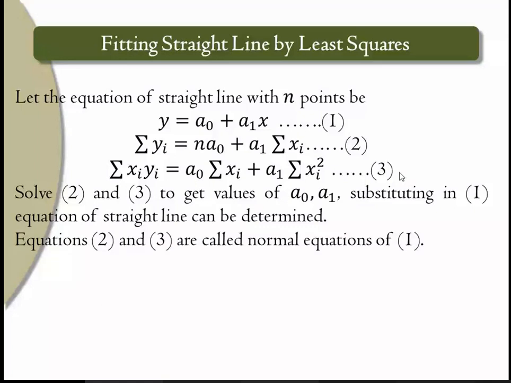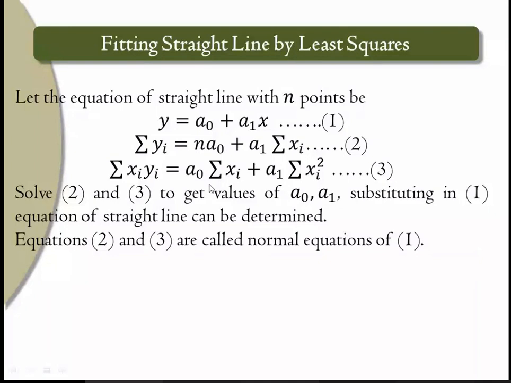Okay, so very easy, we just have to take the basic equation first, the equation of straight line. First take the summation of that equation on both sides, then multiply the given equation by x and take summation. We get two equations. Now put the values of these summations from the table, and then we get two equations in two unknowns.